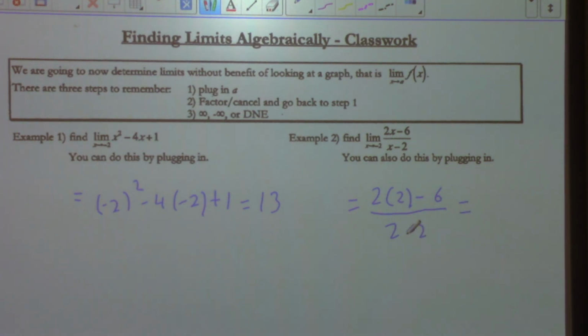I think it's negative 2. So we have 4 minus 6, negative 2, over negative 4. So that's going to be 1/2, right? So we have a limit of 1/2 in this case. Okay, does that make sense?